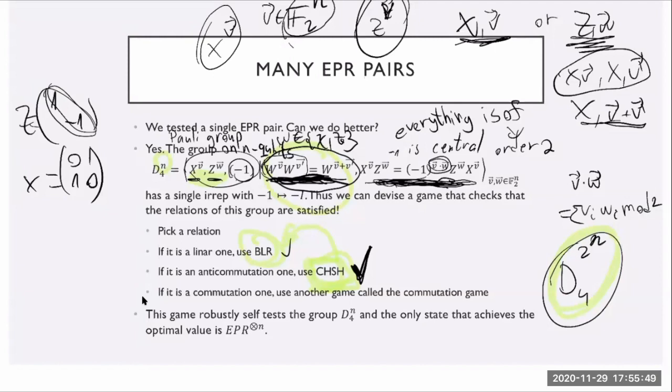So the point is, instead of taking all these XVs, define something like X point or X line. We have these XVs and ZWs. Instead of them, define X point and X line.